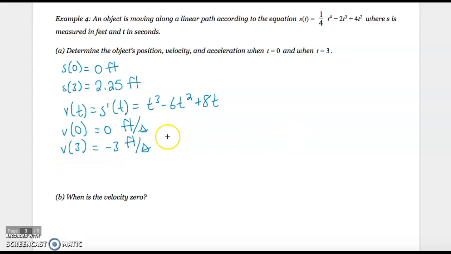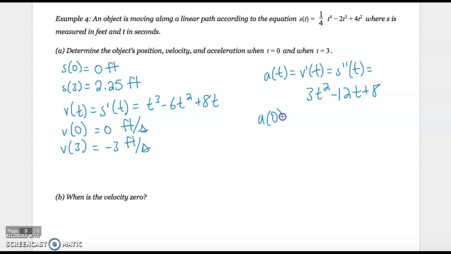And then last but not least, we want to find our acceleration. So we need to find our acceleration function first, which is the first derivative of velocity, which is the second derivative of our position function. So if I just take the derivative of this, that will give me my answer here. That would give me 3t squared minus 12t plus 8.